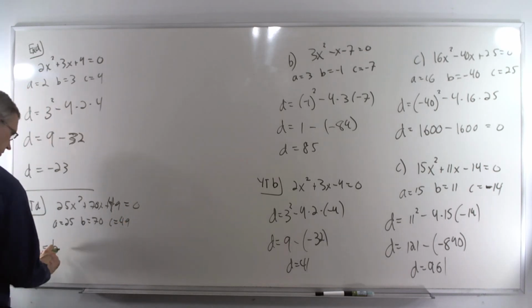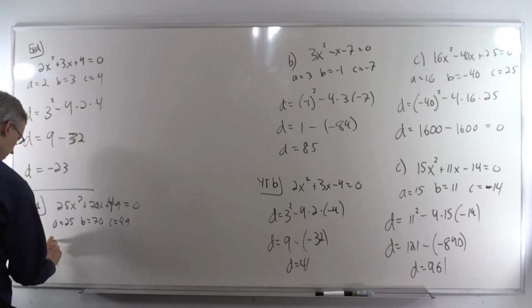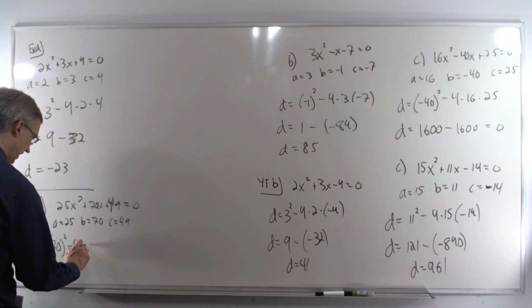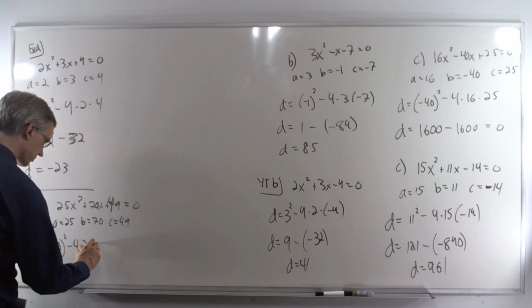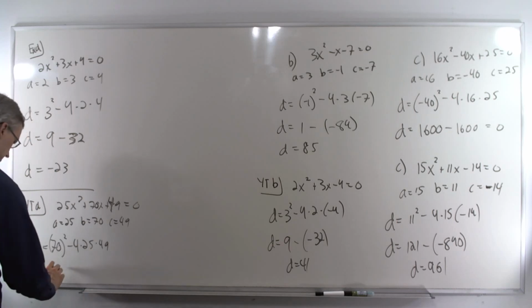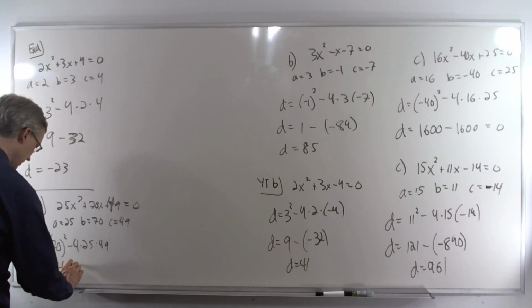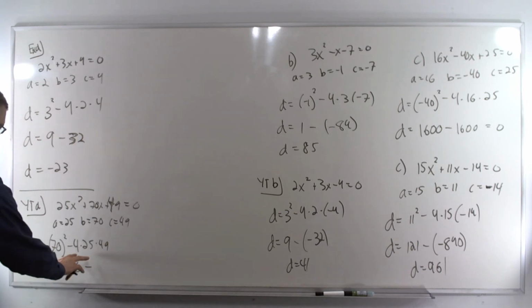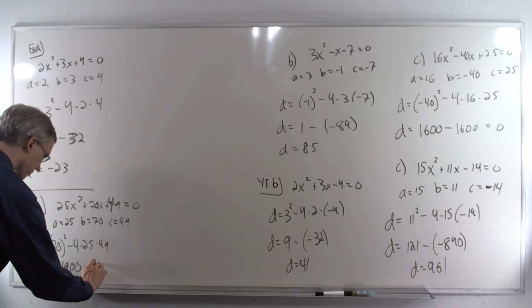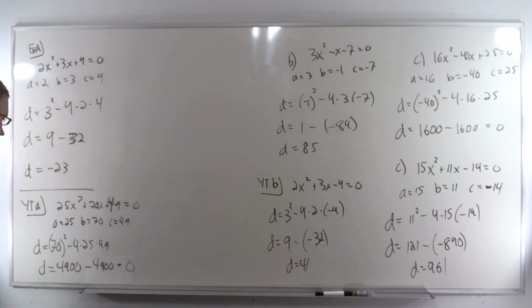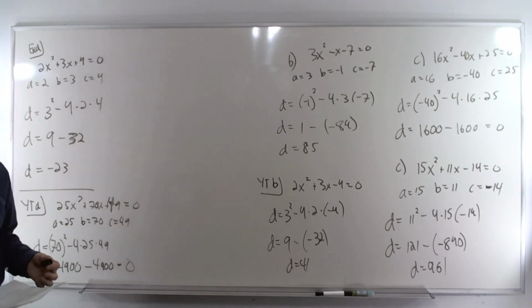B squared, so that's 70 squared, minus 4 times A, which is 25, times C, which is 49. 70 squared, that's going to be 4,900, minus 4 times 25 times 49, well, there's 100 times 49, that's 4,900 as well. So 4,900 minus 4,900 is 0. So we have a discriminant of 0, which means we have one rational solution, and we can use the zero factor property to solve.